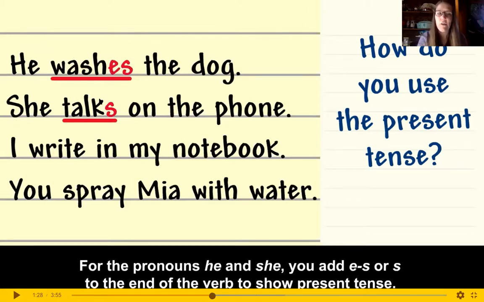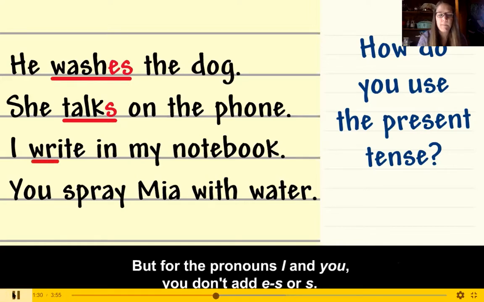She is the same thing. You add s or es. So the verb is talk. That's the action. She, but we don't say she talk on the phone. That doesn't make sense. So we add the s on the end. She talks on the phone. That means that's what she's doing right now.